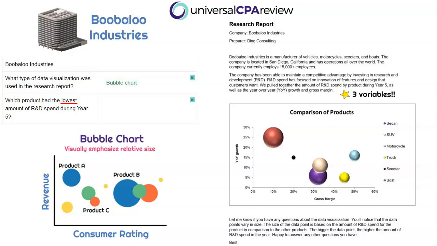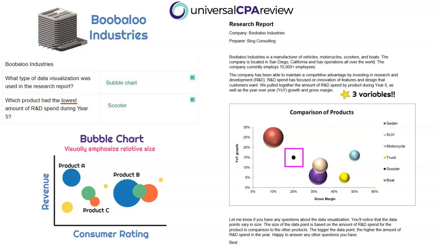The lower it is, the lower the spend, right? It's all relative. And the product that has the lowest amount of R&D spend is going to have the smallest bubble here. That's going to be the scooter, right? The black circle. We can see it's significantly smaller than the rest. So scooters, well, they have the lowest amount of R&D spend. So that's going to be the correct answer in the dropdown.